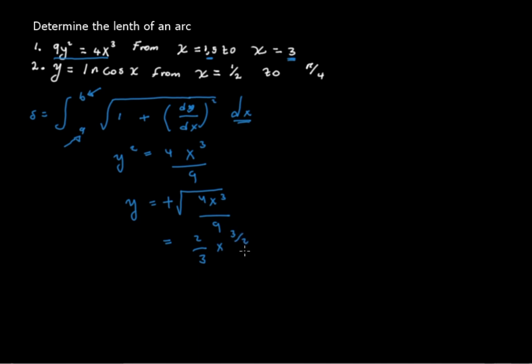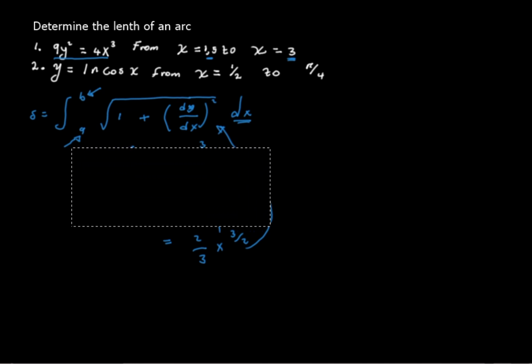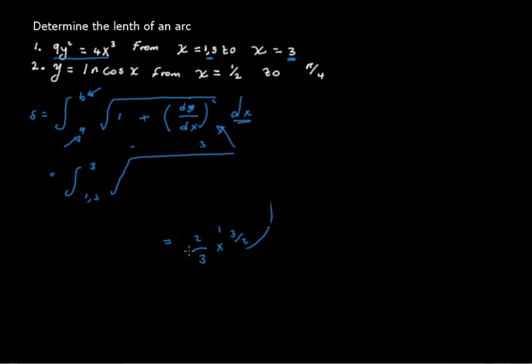Now let's substitute the value into the equation that we are going to use. Here b represents 3 in this case, and a represents 1.5, and then you're going to have the square root of 1 plus the derivative of this.